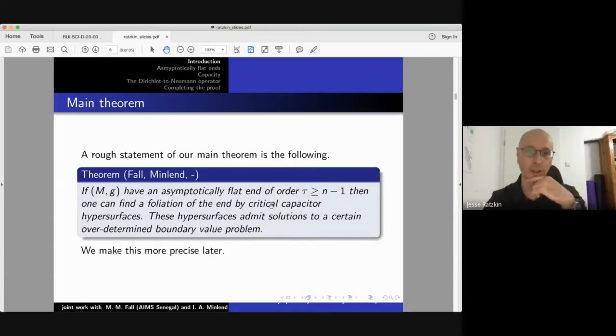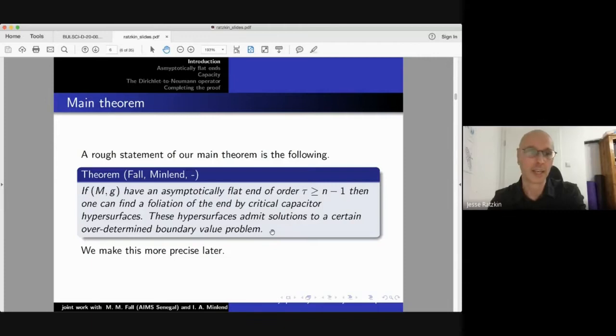You can find a foliation of this end by surfaces, and all of these surfaces admit solutions to a certain overdetermined boundary value problem. The fact that they admit these solutions means that they are critical points of the capacity functional. So I'm going to have a precise statement of this later, but this is a rough idea of where we're headed.